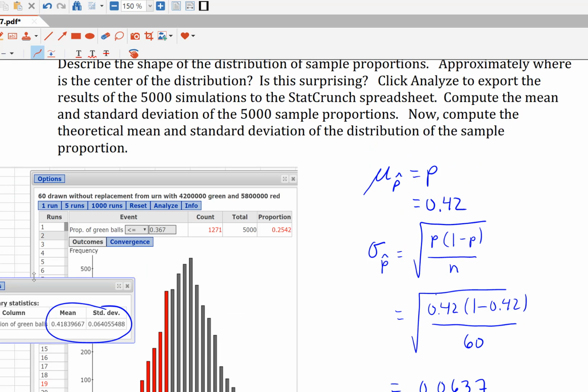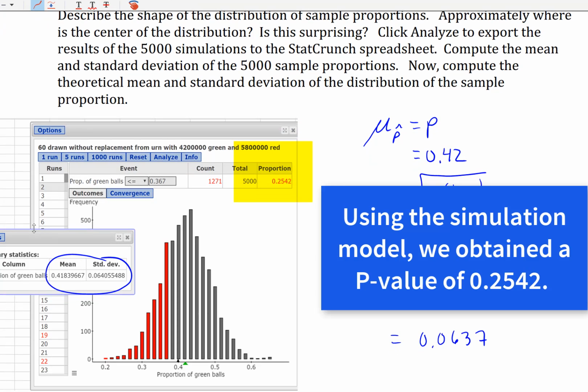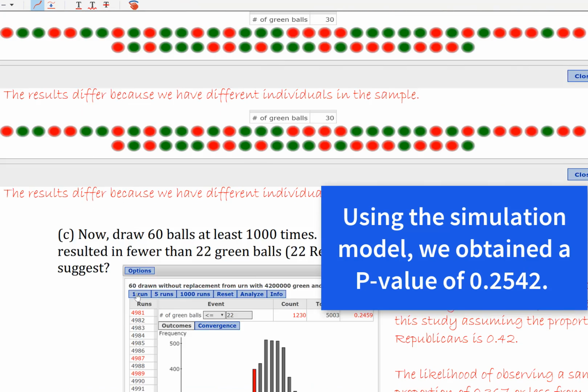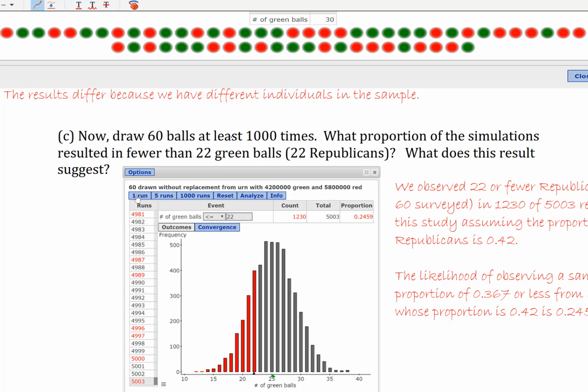I think another thing to emphasize is here we got a p-value of 0.2542. Up here we got a different p-value of 0.2459. The p-values differ because we had different simulations, different individuals in each of those 5,000 studies.